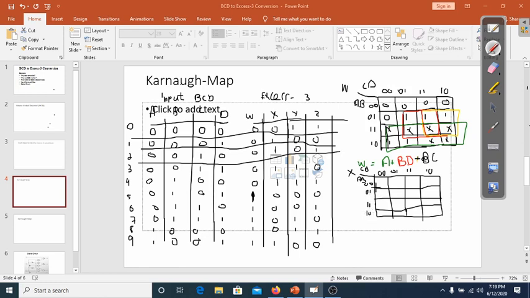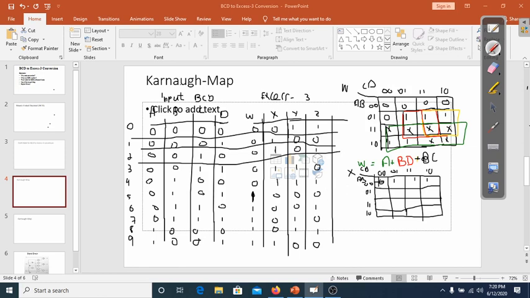So in this box, when the combination is 0 0 0 0, the output is 0. When the combination is 0 0 0 1, in this case X is equal to 1. For 0 0 1 0, this is equal to 1, and 0 0 1 1, this is equal to 1.